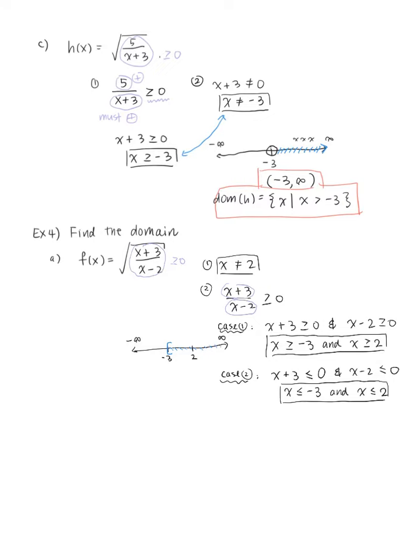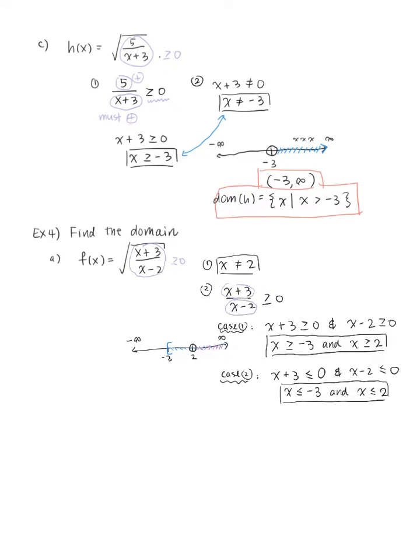But at the same time, x better be greater or equal to 2, but with restriction 1, x cannot be 2. So here, I'm going to have an open circle around 2, and then x better be greater or equal to 2.